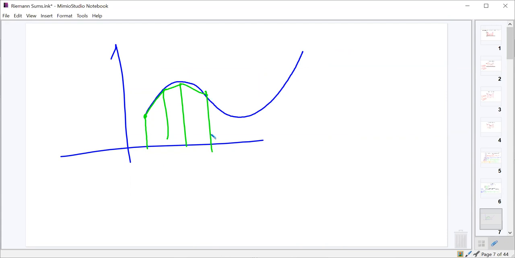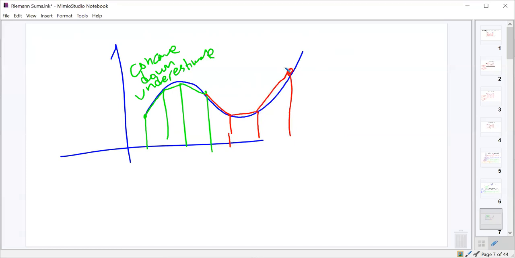If the function is concave down, what do we have? We have an underestimate. But if the function is concave up, we're going to have an overestimate. Everybody good with that? So those are things to remember. Any issues there?